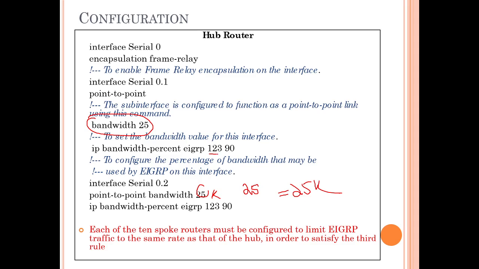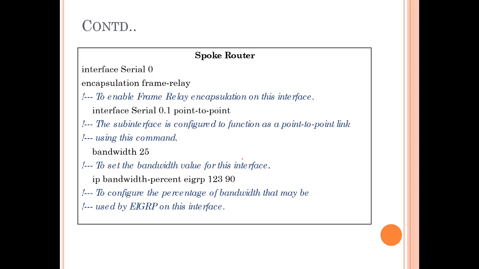And this is how the bandwidth is configured. The same thing goes for the spoke router also, because in the spoke router we need to do the same things which we have done in the hub router.